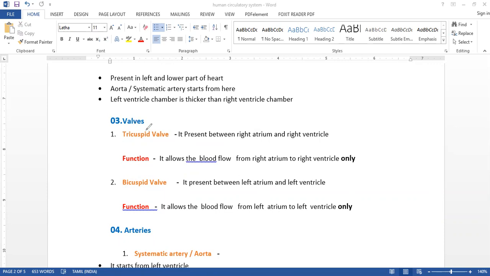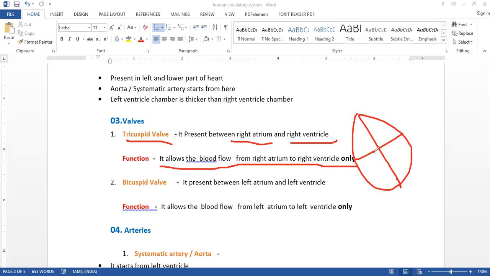Look, the valve between the right atrium and the right ventricle is the tricuspid valve, and the function of this valve is to allow blood flow from the right atrium to the right ventricle only. As I said earlier, that valve allows the blood flow from right atrium to right ventricle only.